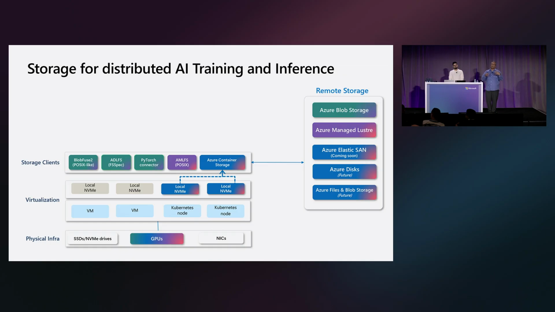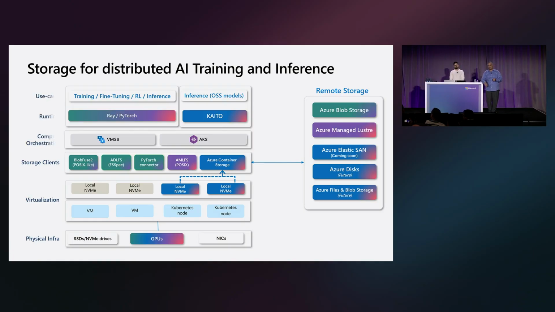So again, if you look at training and inferencing, it's increasingly on the compute side, wrapped and managed by Kubernetes. We have had this capability with Azure Container Storage in GA for a little while, and we're increasingly stitching that story together with AI going forward. There's compute orchestration, of course. We talked about VM scale sets on the VM side, AKS, the Azure Kubernetes Service, on the Kubernetes side.